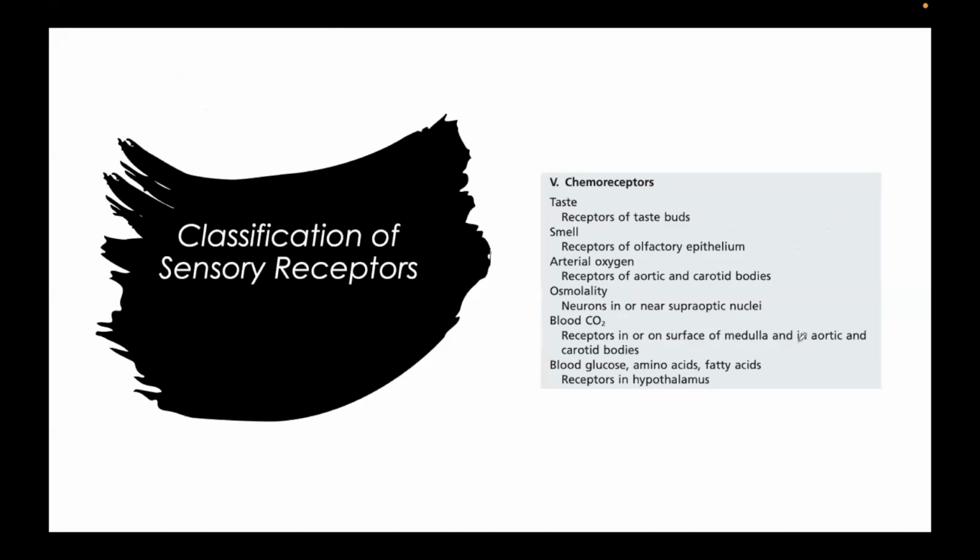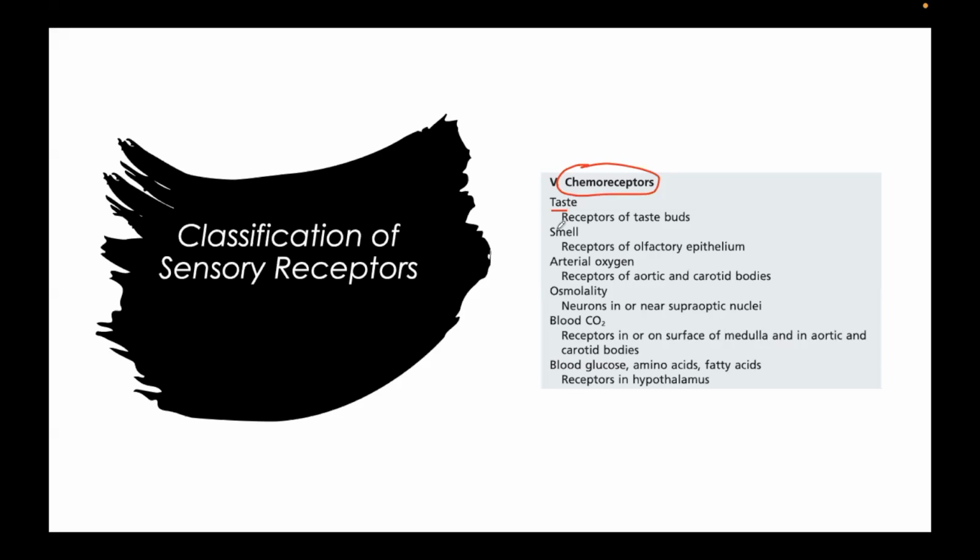Then lastly, of the classification of sensory receptors is the chemoreceptors. I want to mention again, this very high yield table is actually not found in this chapter. It's found in another chapter. I just want to include it here. So these are the chemoreceptors for the following special senses.